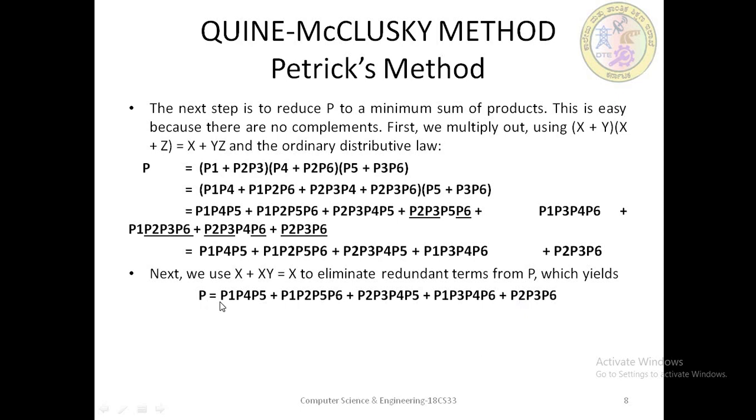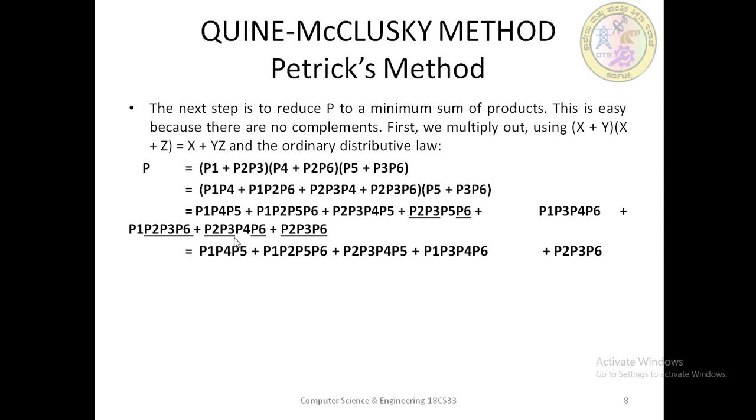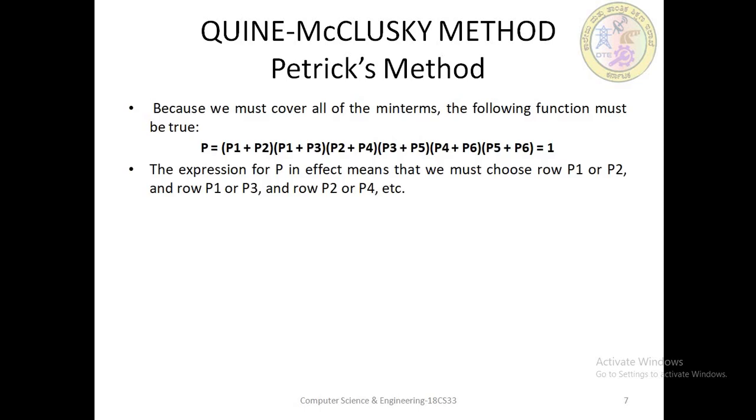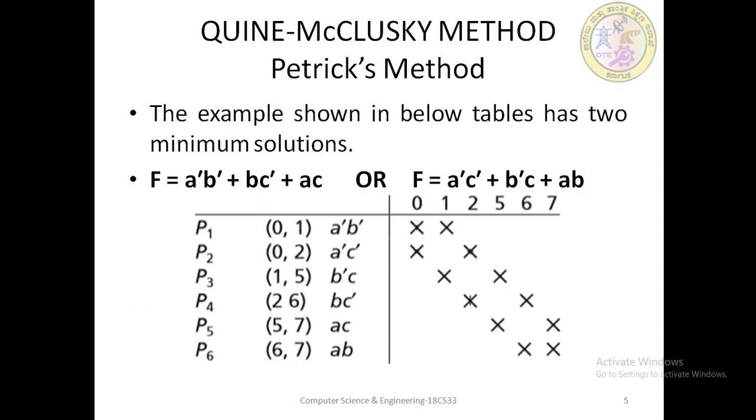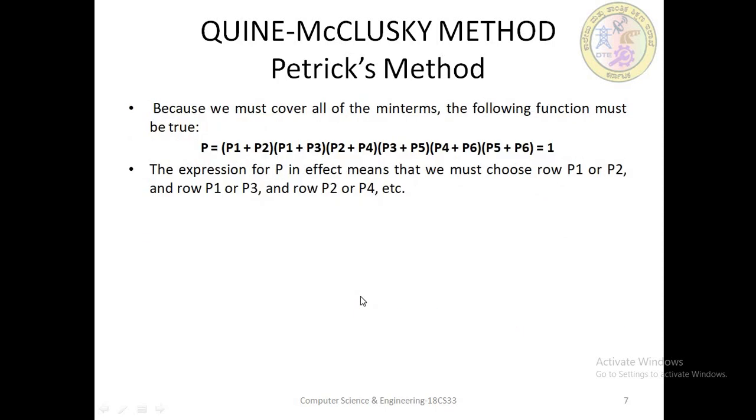What we will do is write the result corresponding to this: what P1 represents, what P4 represents, what P5 represents. In the same way, we will write it. If we take the previous table, P1 represents, it will finally end up with P1, P3, P6. So it will end up with this solution, or it will end up with these solutions. Only this one will be considered at the end.